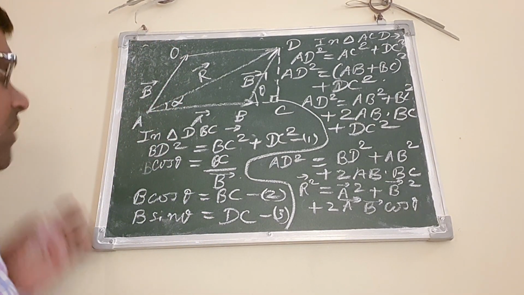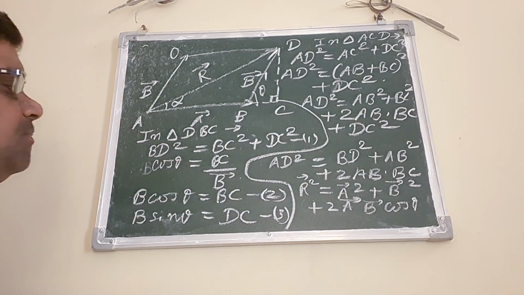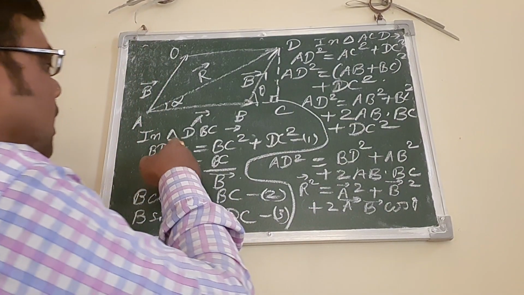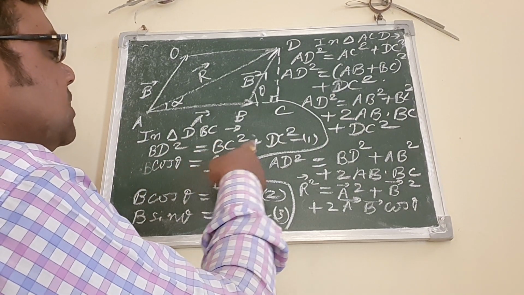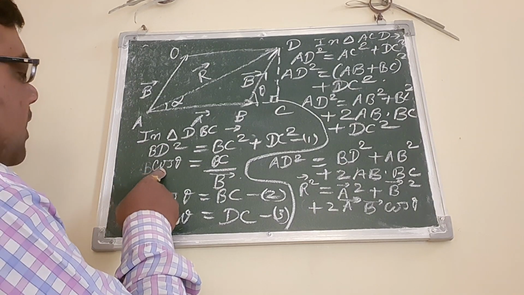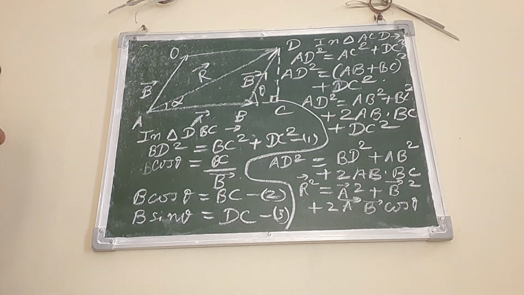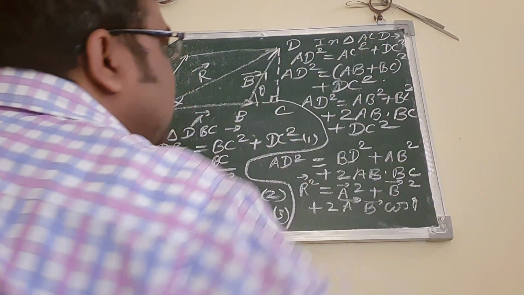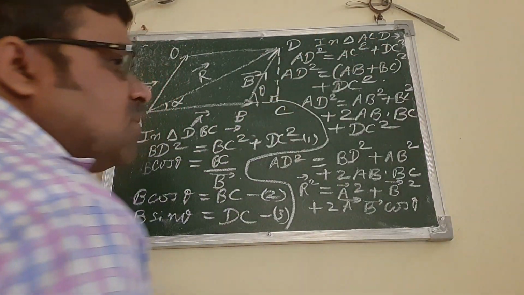So we can understand this once more. In this triangle BDC, BD square equal to BC square plus DC square by the Pythagoras theorem. Similarly, cos theta in this right angle triangle is equal to BC upon B. So B cos theta equal to BC. Similarly, B sin theta equal to DC. In the bigger triangle ACD, applying the Pythagoras theorem, AD square is equal to AC square plus DC square.